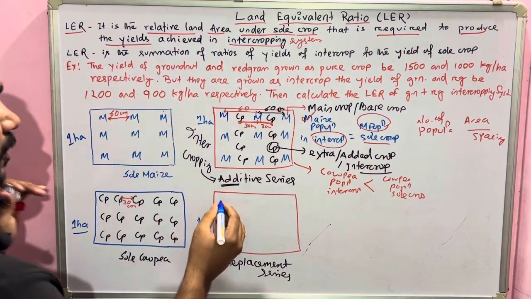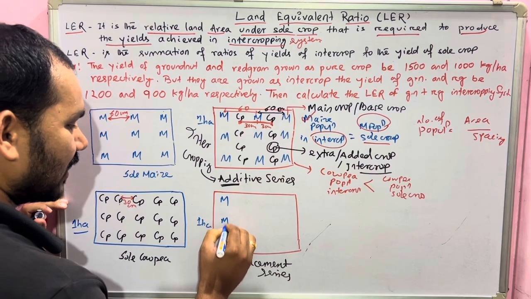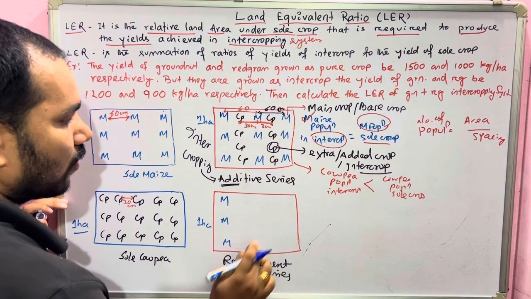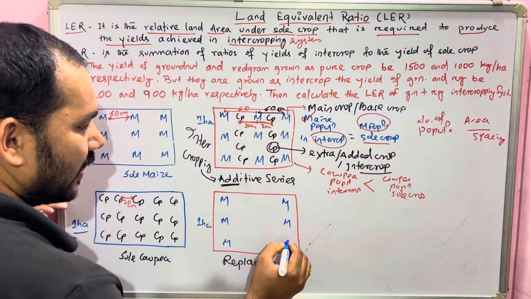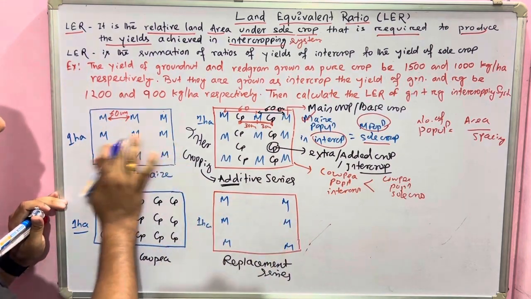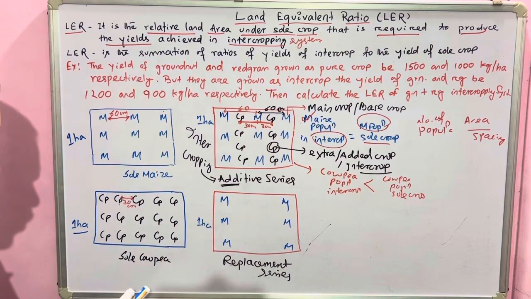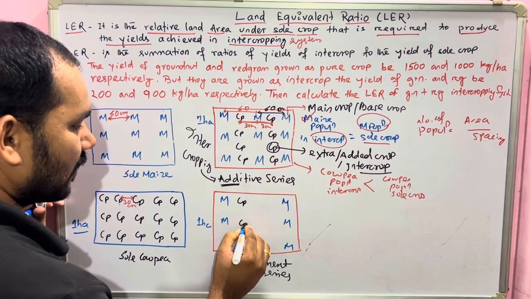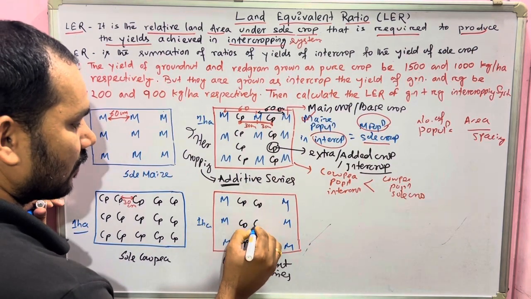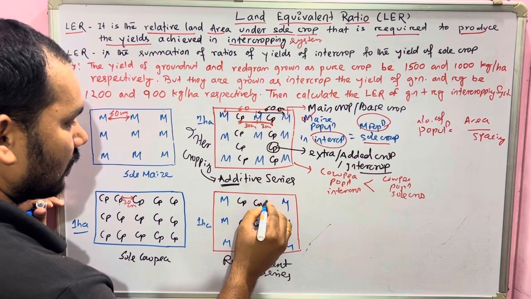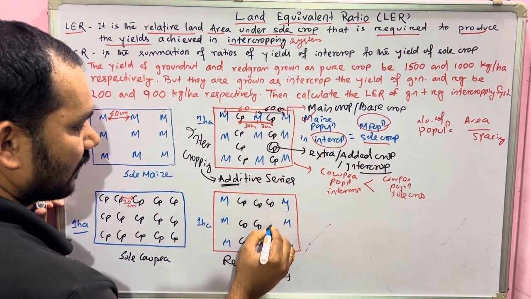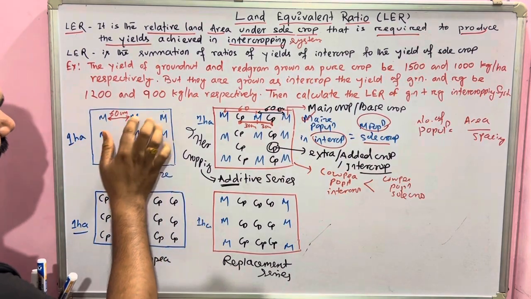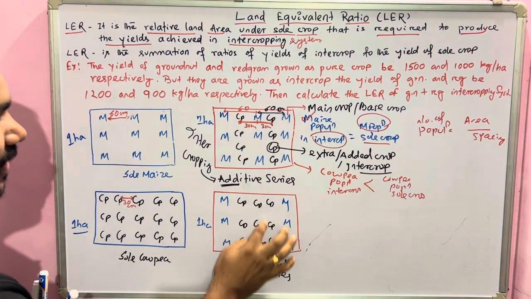Suppose in this case 3 rows of maize are there, but as per the definition of replacement, I will replace a maize row with cowpea. So out of 3 maize rows, here we are having 2 maize rows, and the other row is replaced by a cowpea row.